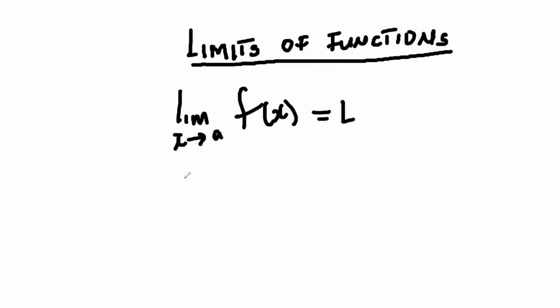So this is how a limit is written. We have the lim of the function f of x as the value of x gets closer and closer to some value.